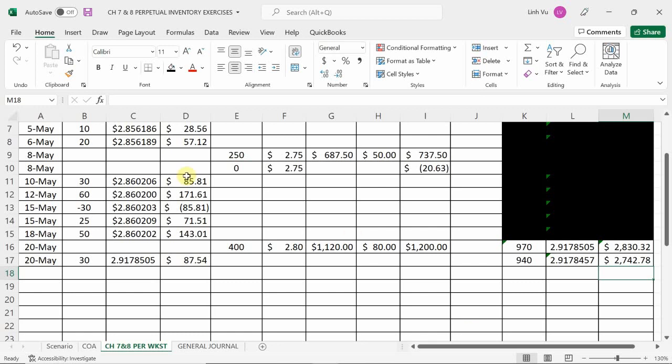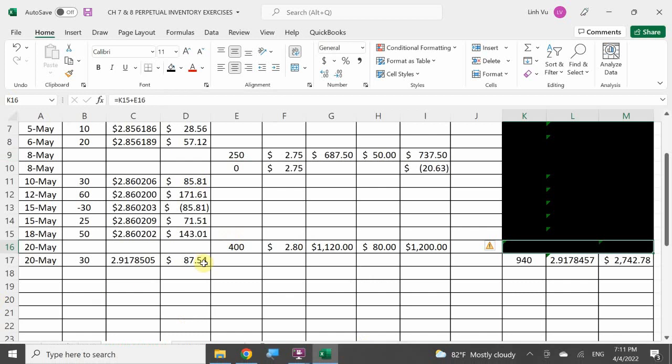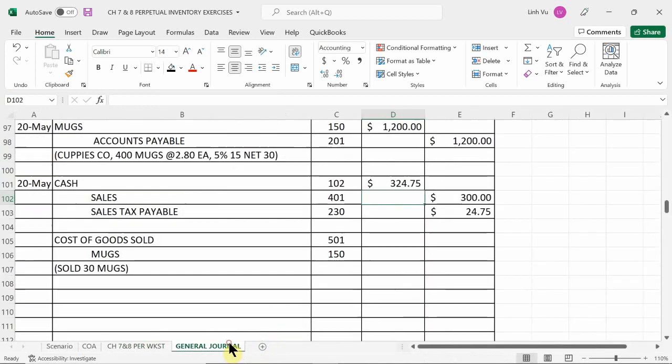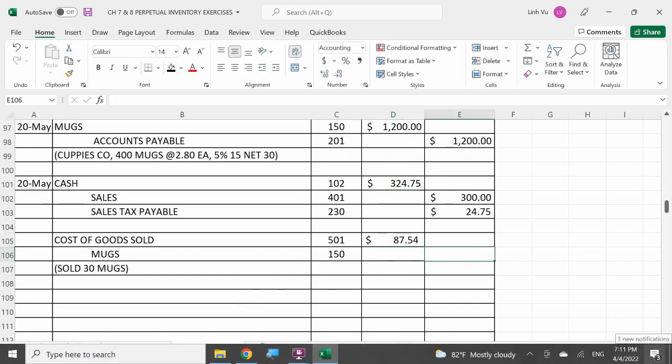My average cost per item is still roughly the same, but this time it's about 2.917845, so it dropped by a tiny fraction of a penny. So here's the number I'm looking for: $87.54 is what it's going to cost me now.